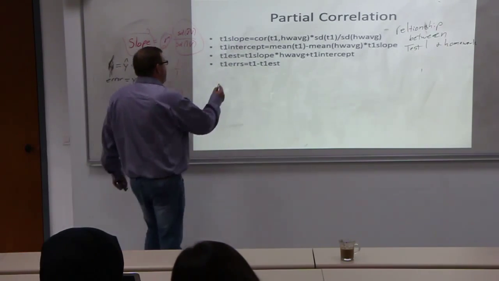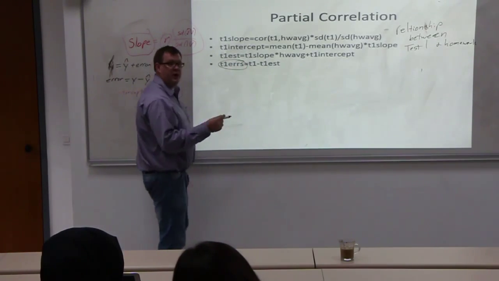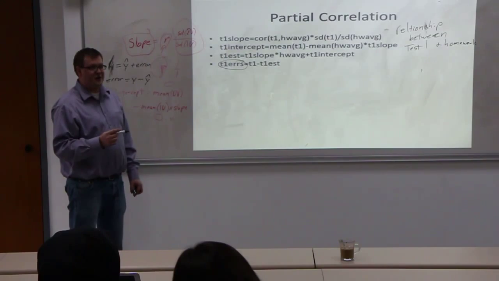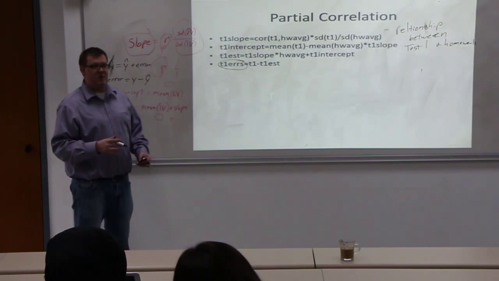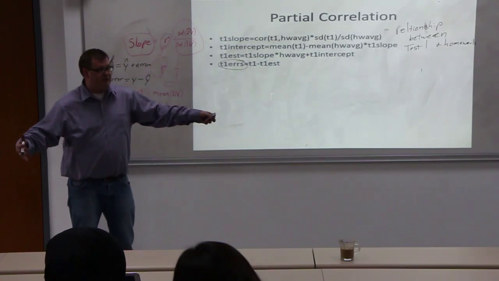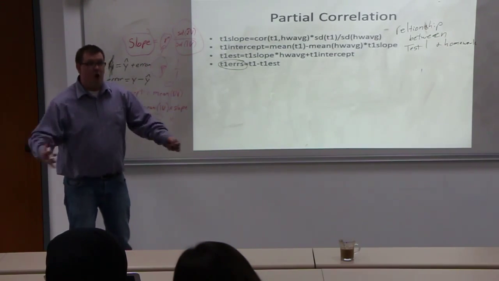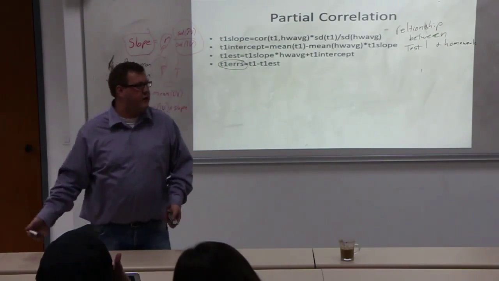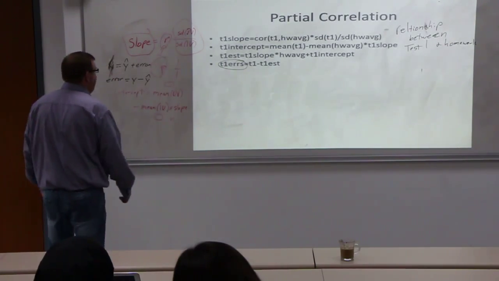And before we correlated these errors with test 2, right? But now, for the partial, we're not correlating with all of test 2. We're only correlating it with the part of test 2 that's left over after you've explained what you could with the other independent variables. In this case, we only have 1.